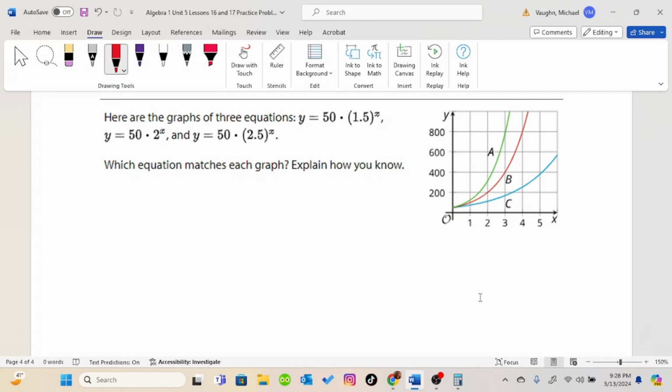So all of them have the same y-intercept. What's different is the growth factor. The smaller the growth factor, the slower it grows. The bigger the growth factor, the faster it grows.